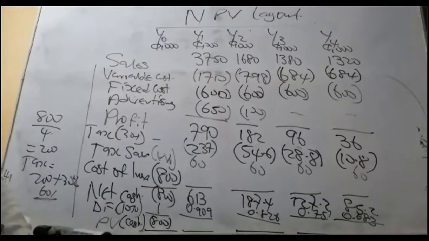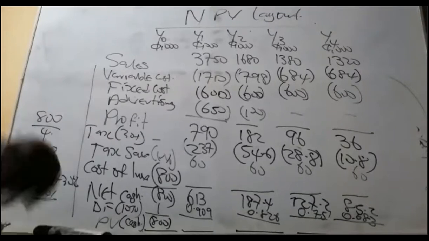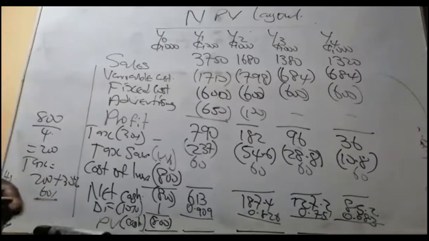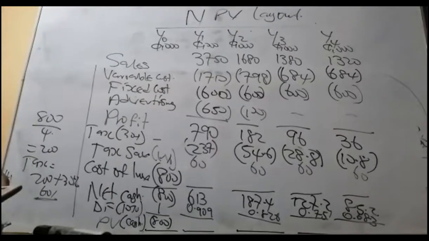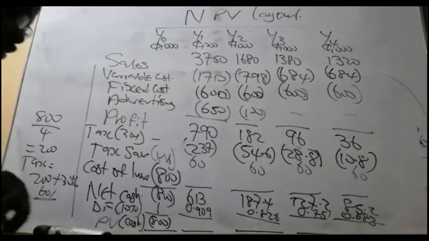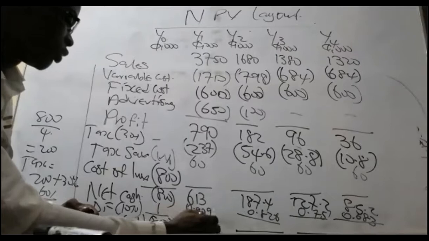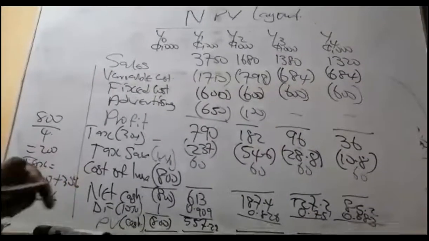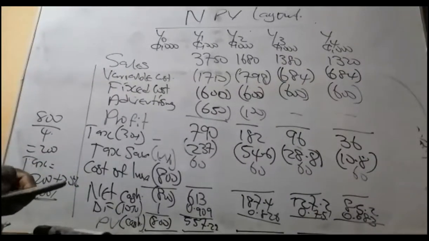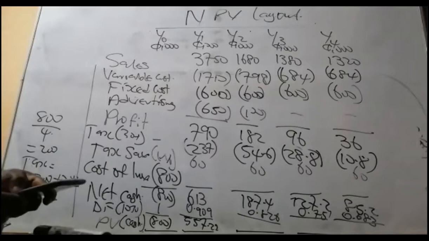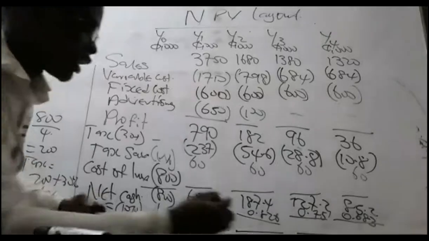So what do you get? 0.909 times 613. That's 557.22. Then 187.4 times 0.826. That's 154.79.